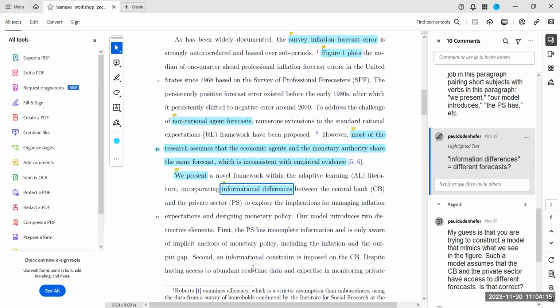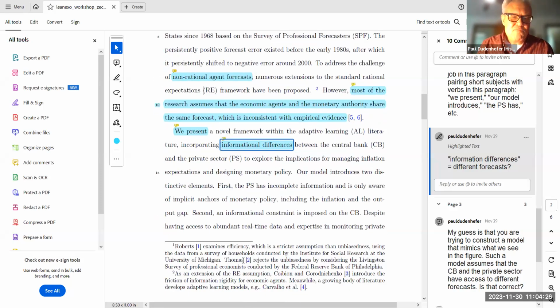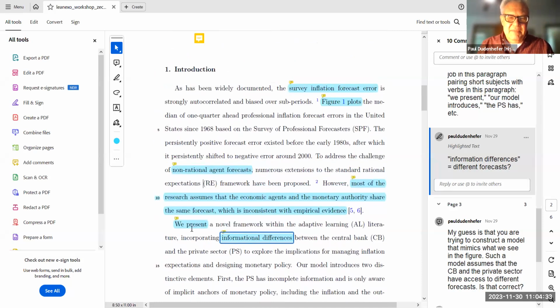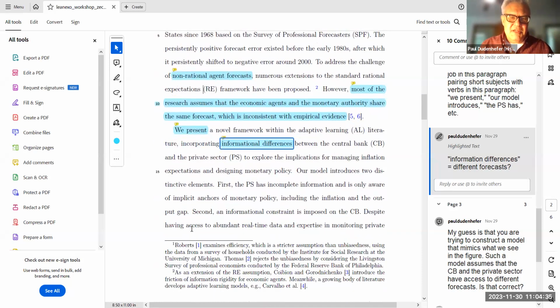The differences in information sets lead to the differences in forecast, actually. Okay. Up till now, what I've been working with is this notion of forecasts. And then suddenly you start talking about informational differences, and just like non-rational, this informational difference sort of came out of the blue to me.